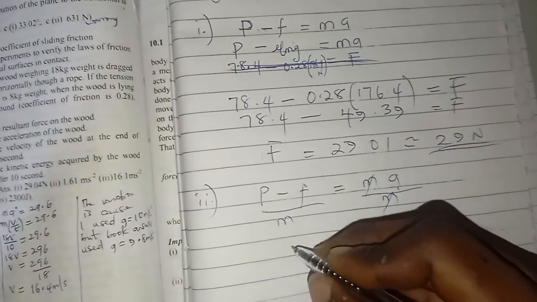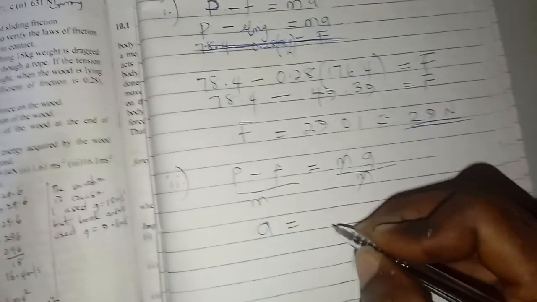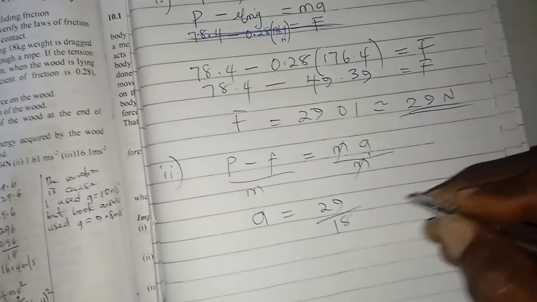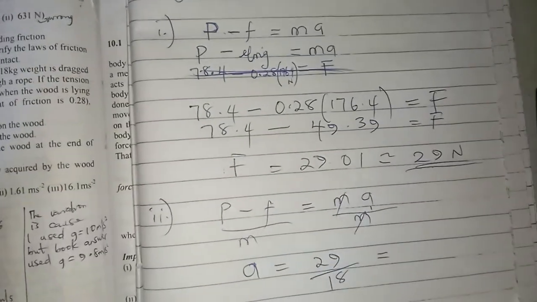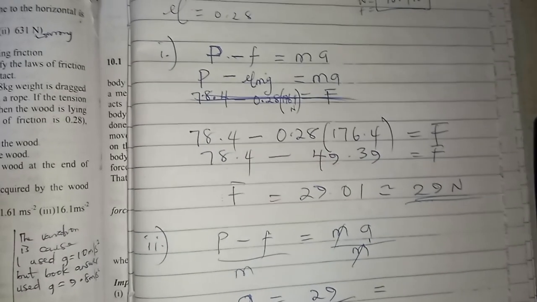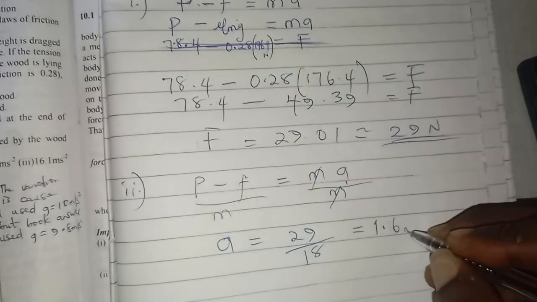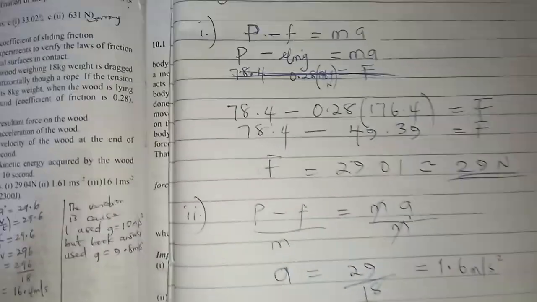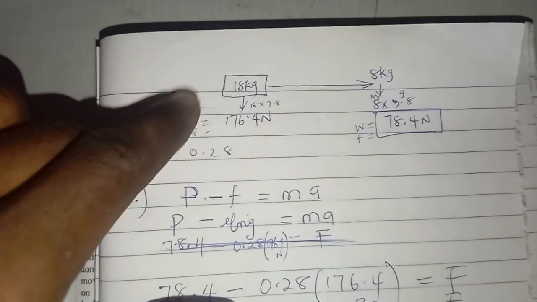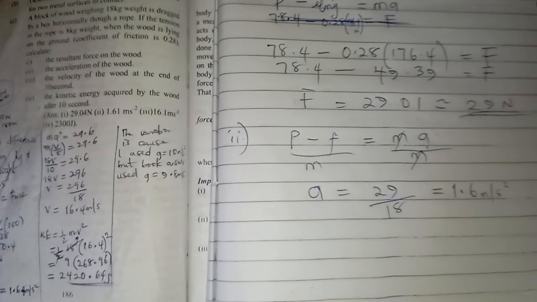What I'm using to divide is simply a equals 29 all over 18. 29 divided by 18 gives 1.6 meter per second squared. If they had asked for the acceleration of the boy, I'd use the mass of the boy, but they asked for the acceleration of the wood, so that is why I'm using the mass of the wood. 1.6 meter per second squared.